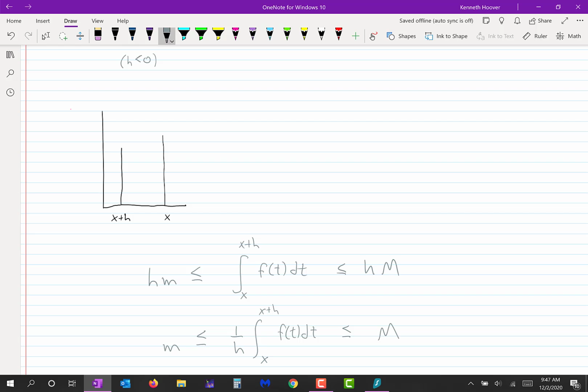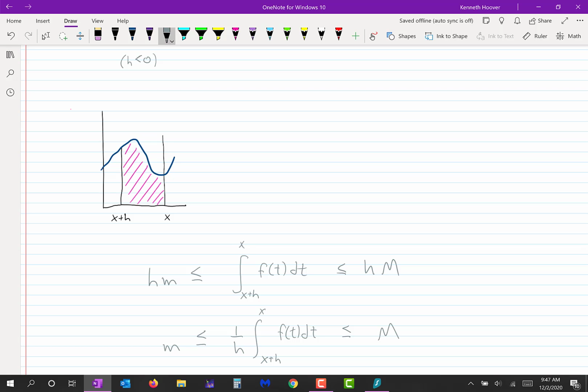What we would have done is the area under the graph of f would have instead been the integral from x plus h to x.